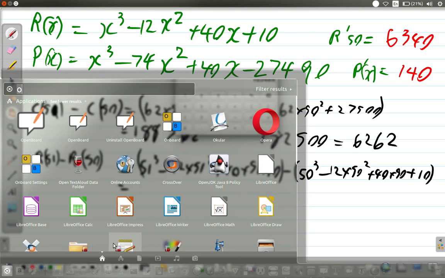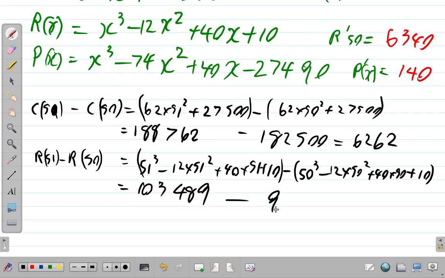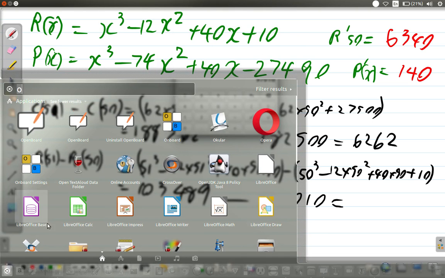Minus, and then we work it out again using 50. We have 50 cubed, which is 50 by 50 by 50, minus 12 by 50 squared, plus 40 by 50, plus 10. And we have 97,010.